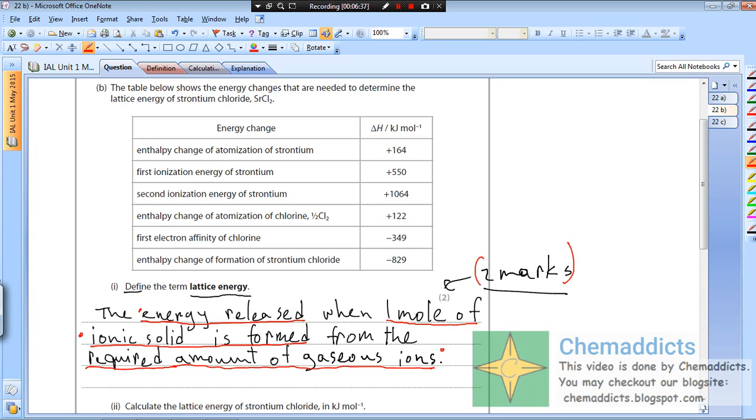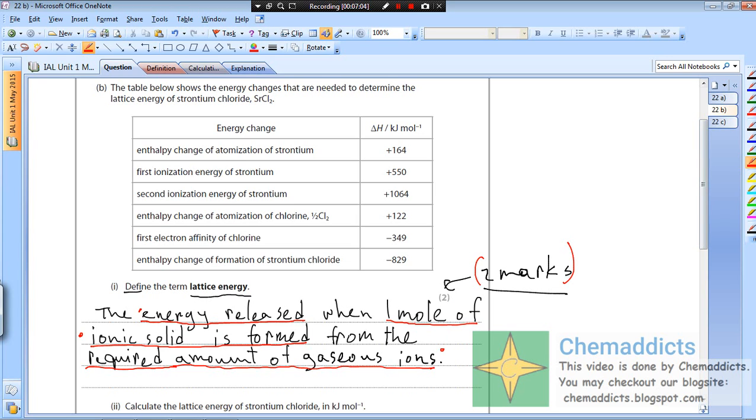The energy released is one part. The energy released when 1 mole of ionic solid is formed is another part. From the required amount of gaseous ions is another part. I hope that you have understood how to deal with the definition. So now let us move on to the next problem.